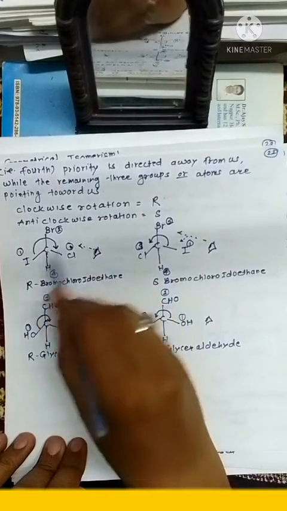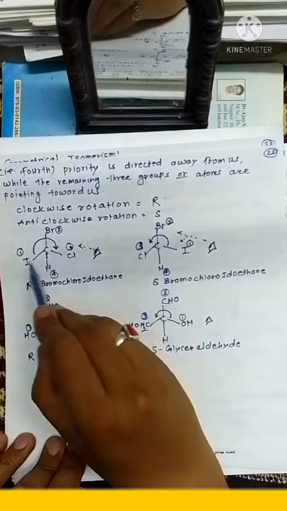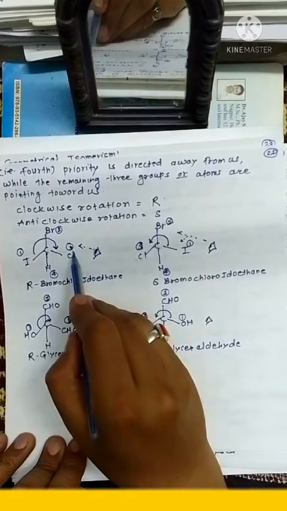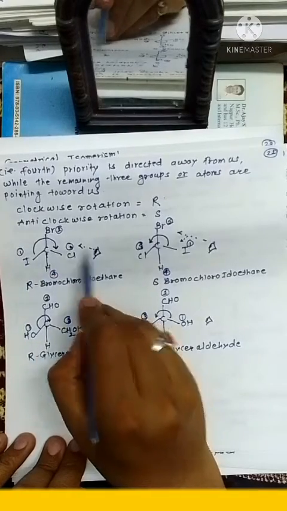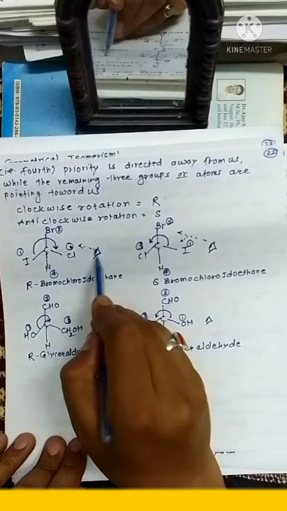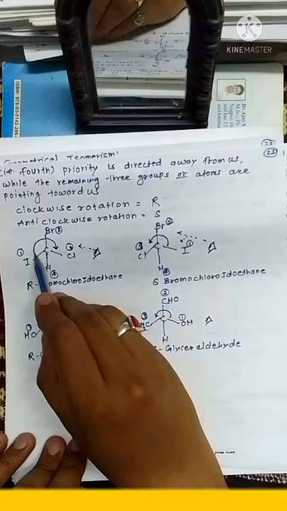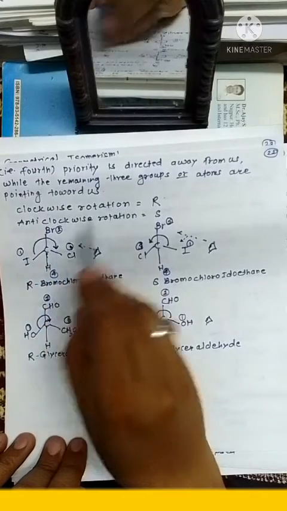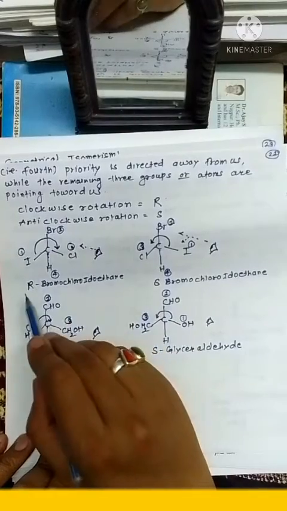Just see the numbers given in sequence. How do the eyes of the observer move here? They move in a clockwise rotation. That's why it is known as the R form of the compound.